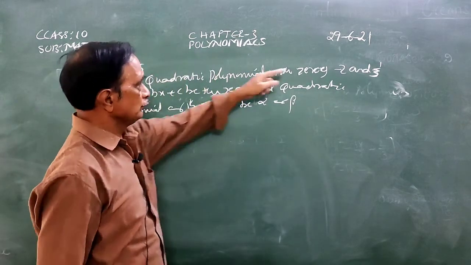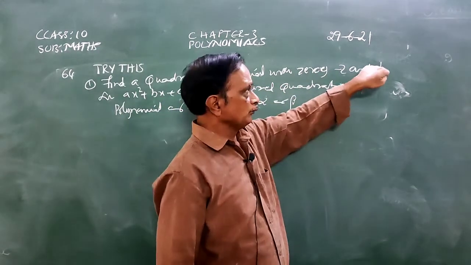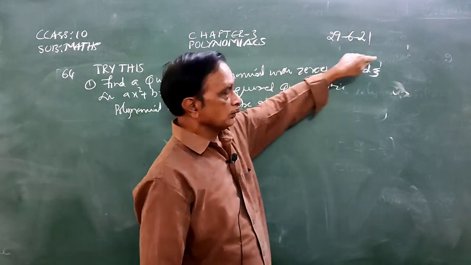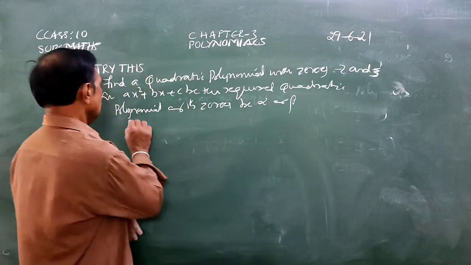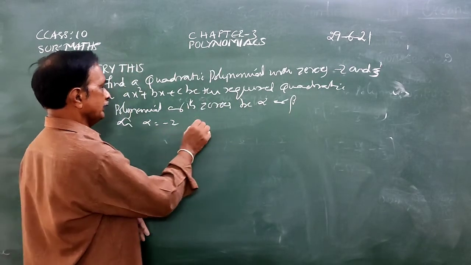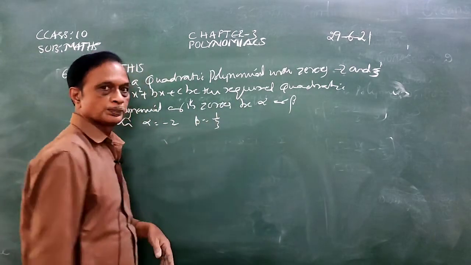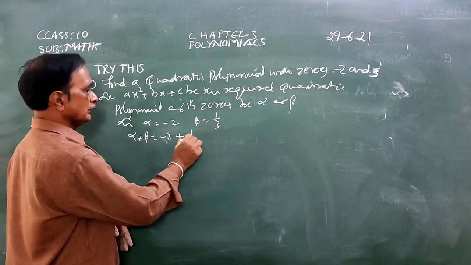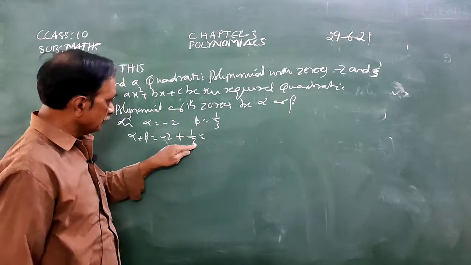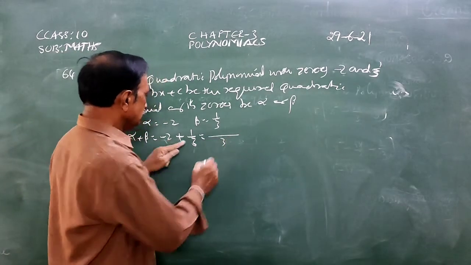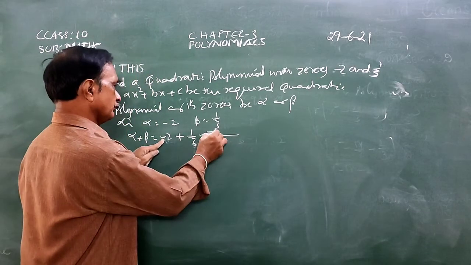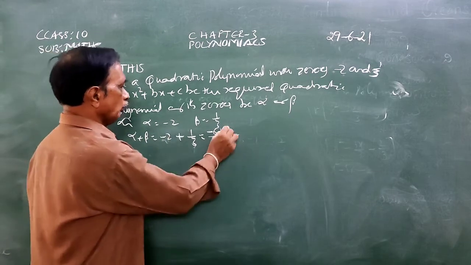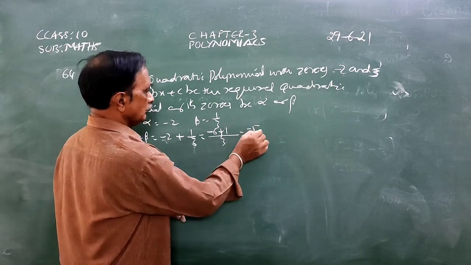Actually the zeros are given: minus 2 and 1 by 3, and we are assuming them as alpha and beta. Let alpha equal to minus 2, beta equal to 1 by 3. Find alpha plus beta: minus 2 plus 1 by 3, 3 is the LCM, 3 times minus 2 is minus 6, plus 1 gives minus 5 by 3.